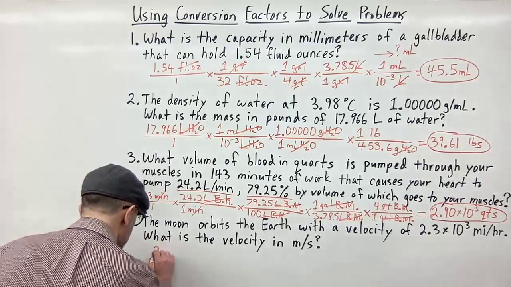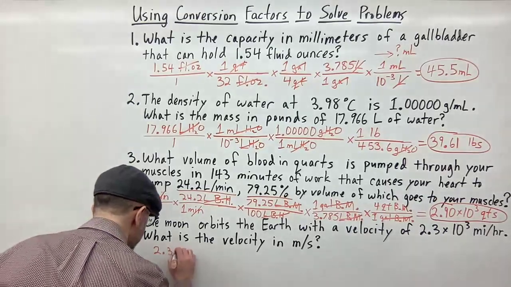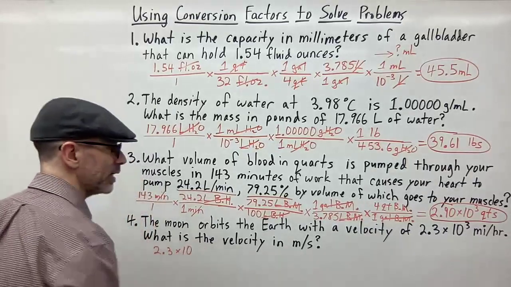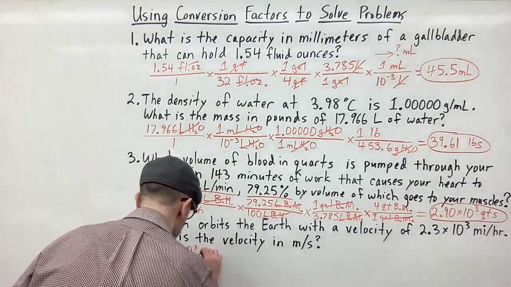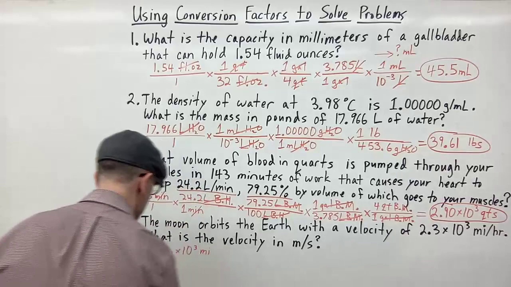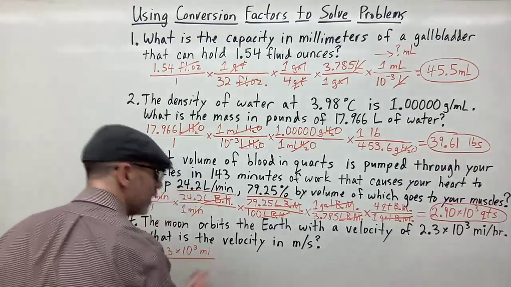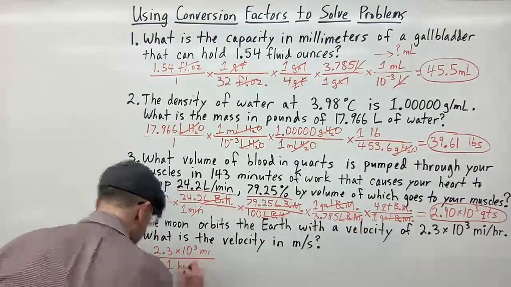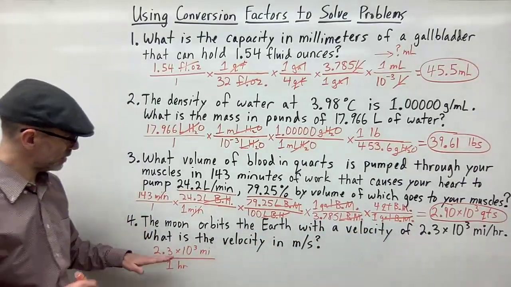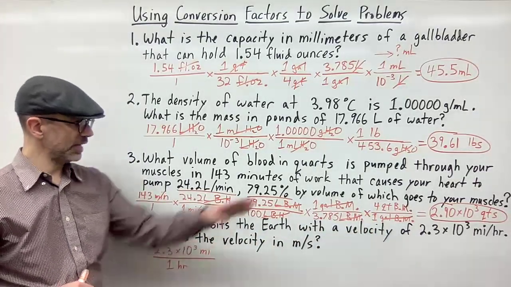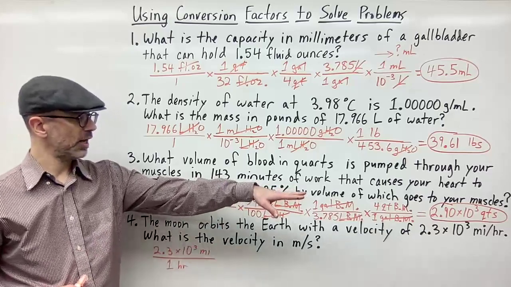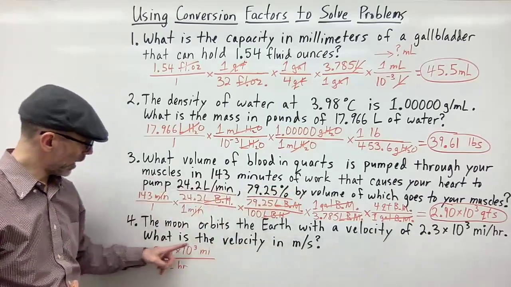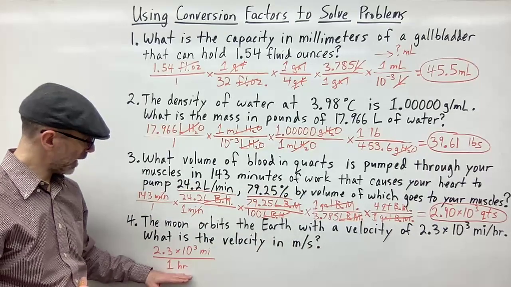We're going to start with 2.3 times 10 to the third miles on top. And then 1 hour is going to be on the bottom. So we're going to write it like this as a fraction because that's what it means. It means 2.3 times 10 to the third miles per 1 hour.